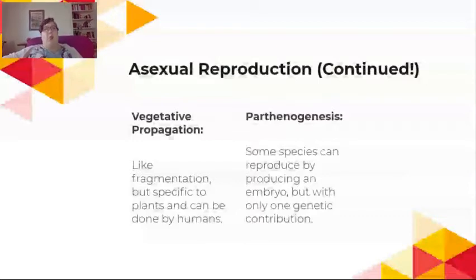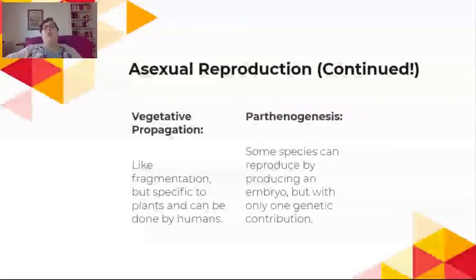And finally, the weirdest one on the list for sure, parthenogenesis. There are some species that are capable of doing something that looks like the other kind of reproduction, sexual reproduction, which we're going to talk about in a second, but with only one genetic contribution.